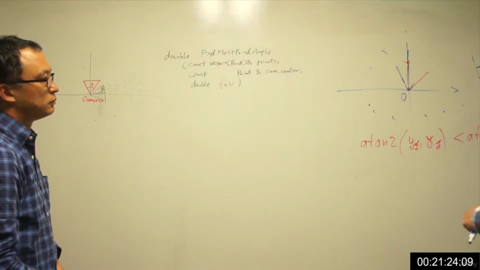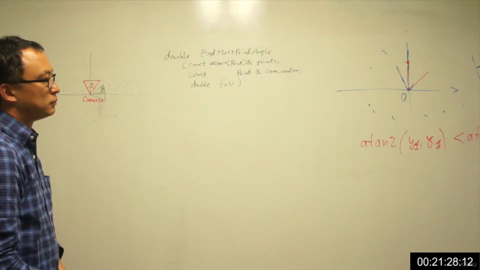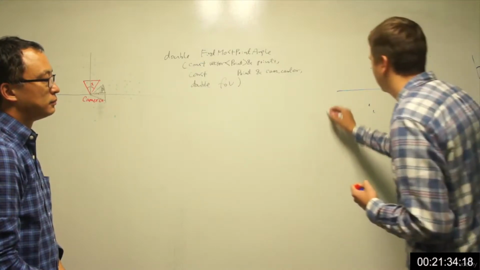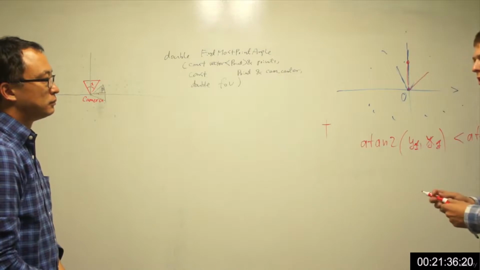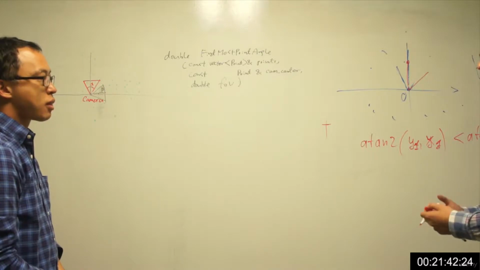So if our points are doubles, we can use only this approach. If the positions of our points are integers, it's better to use another approach. I mean, it's better to use cross products.